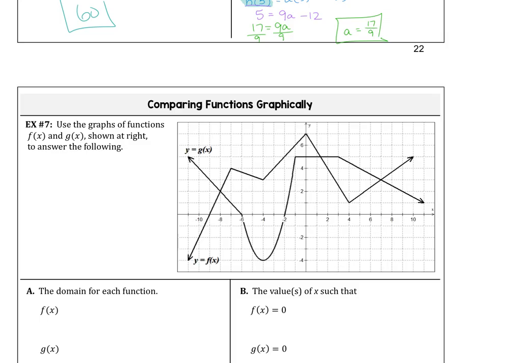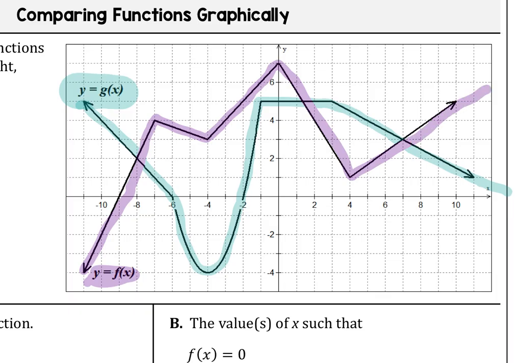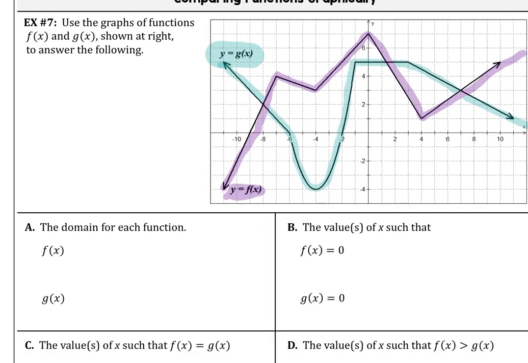I always like to highlight my two lines. g of x is here, so I'm going to highlight g of x and follow it around so I don't get confused. F of x is here, so again, highlighting this around so I don't get confused. Okay, there they are. Now we can use our graph to help us with the information it's asking.